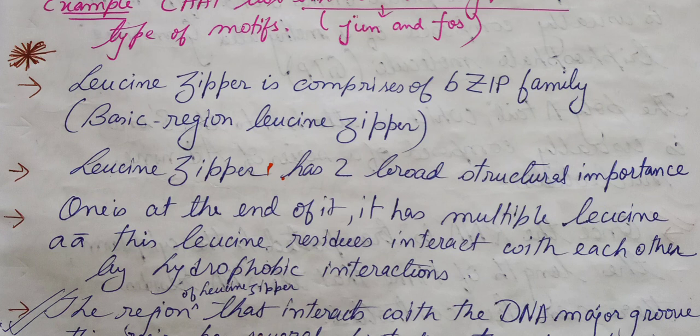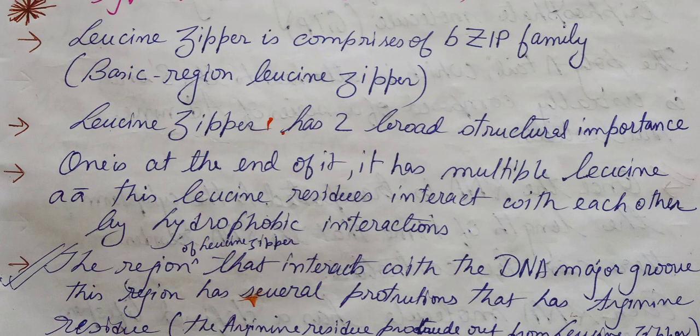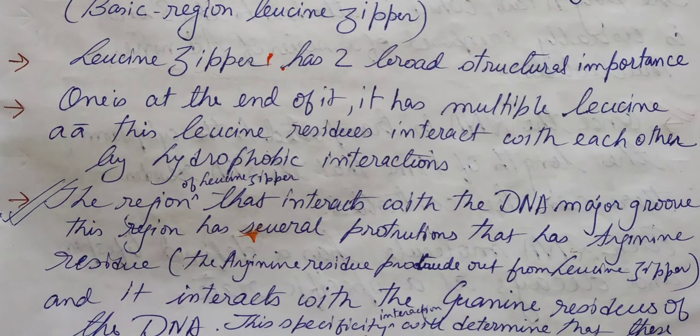Leucine zipper has two broad structural features that are very important. First, at the end of it, it has multiple leucine amino acids, because these leucine residues will interact with each other by hydrophobic interactions.